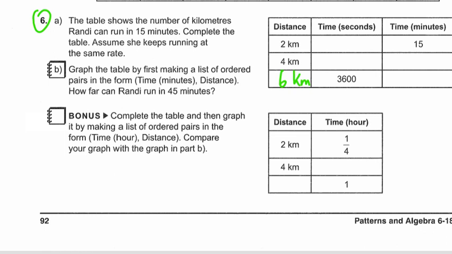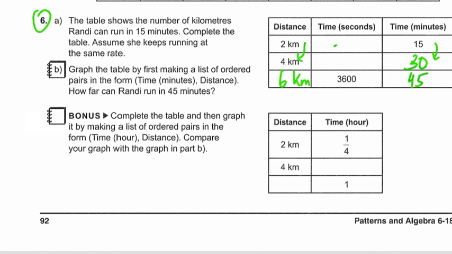So we have to go 15 times 60, right? So let's do that in a moment. If I'm going at the same rate, if this one is doubling, then I'm going to double this one, so it'll be 30 minutes and 45 minutes.